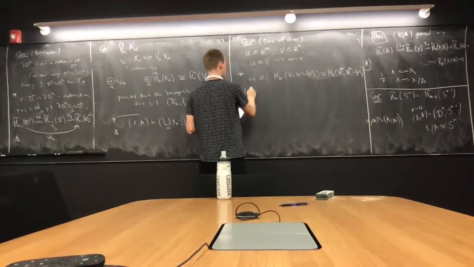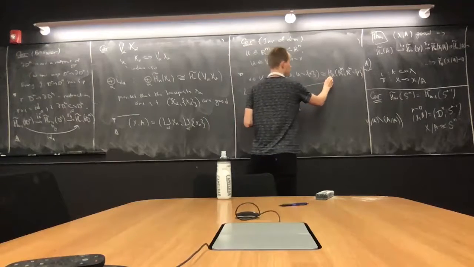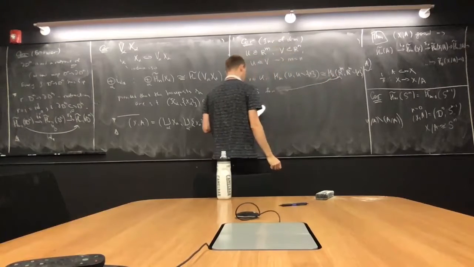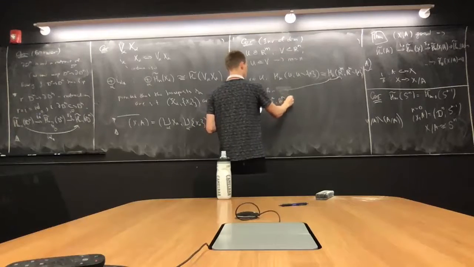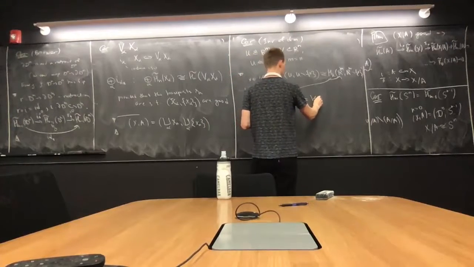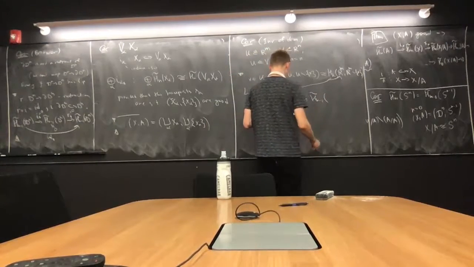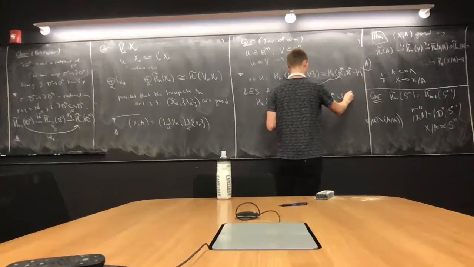From the long exact sequence for this pair, we have that H_k of R^m minus x is the same as reduced H_{k-1} of R^m minus x.